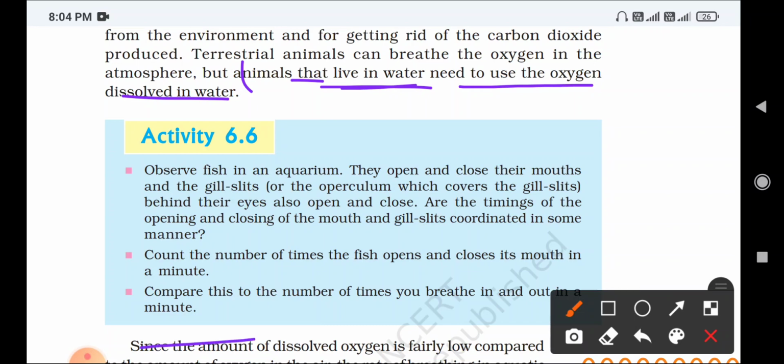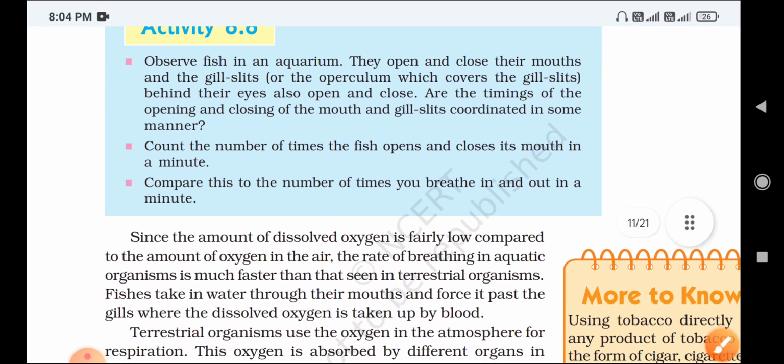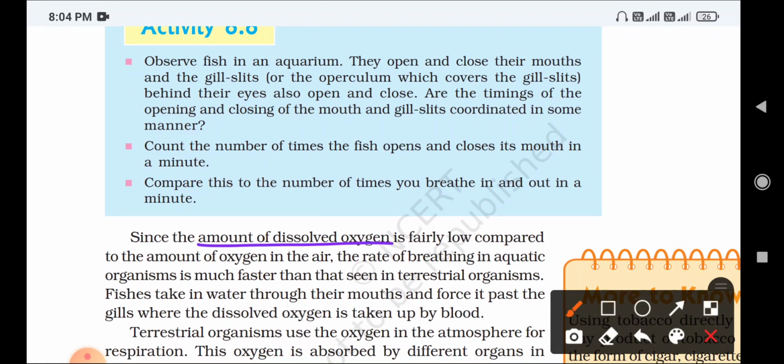Since the amount of dissolved oxygen is fairly low compared to the oxygen present in air, the amount of oxygen in air is more compared to the amount of oxygen present in water.